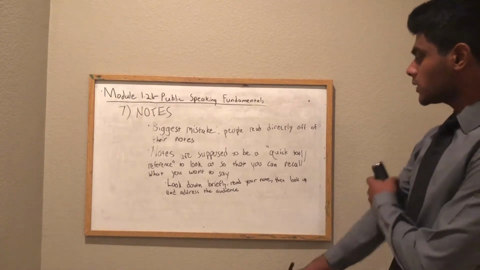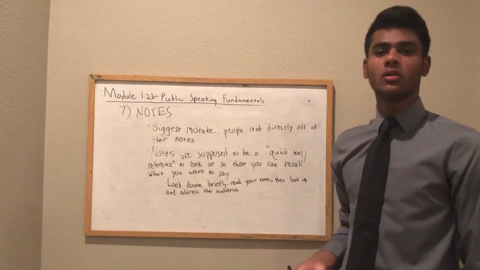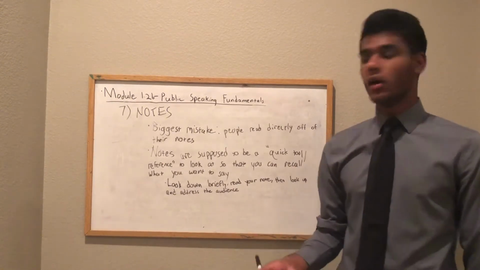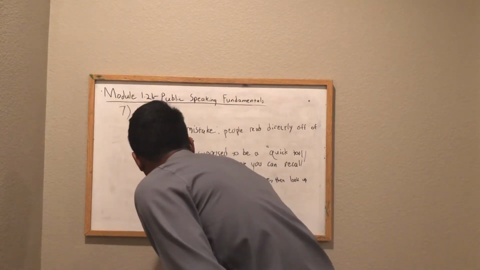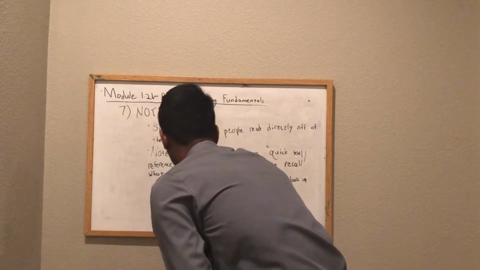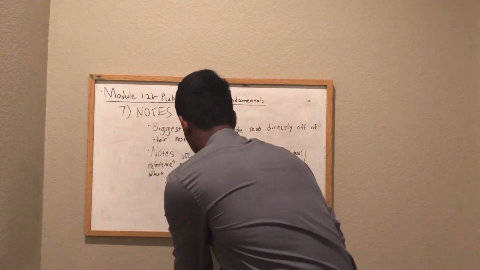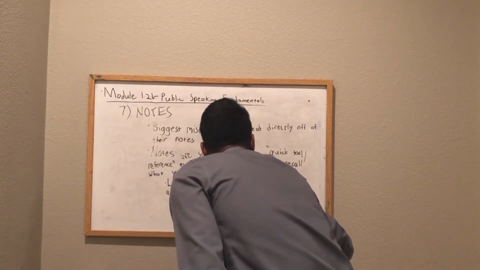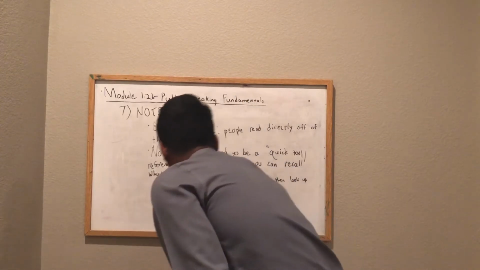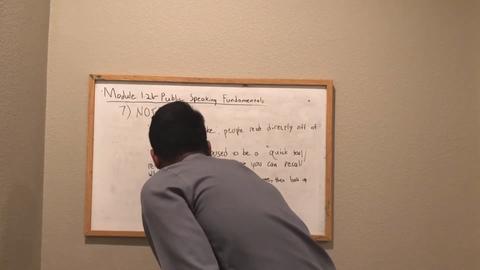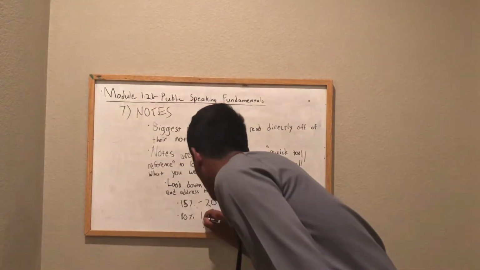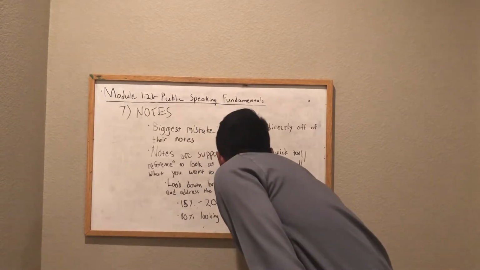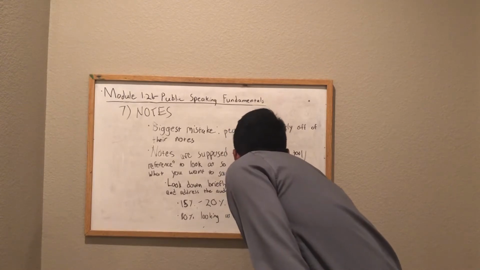So if I was to quantify the ratios or the exact percentage of the speech that you should allocate to looking down at your paper and reading your notes, I'd probably say it's no more than 15 to 20%. 15 to 20% reading notes, 80% is allocated to looking at the audience to speak.